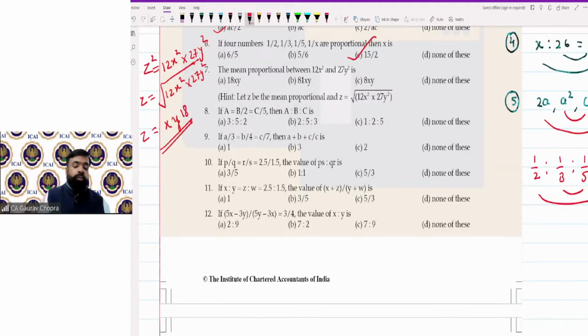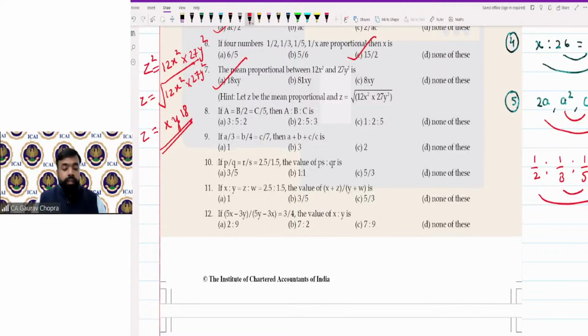So the value will be 18xy. 18xy, option number A. Yes, so most of you have again given the answer 18xy for question number 7, which is option number A. All right. So this was question number 7. Then comes question number 8.